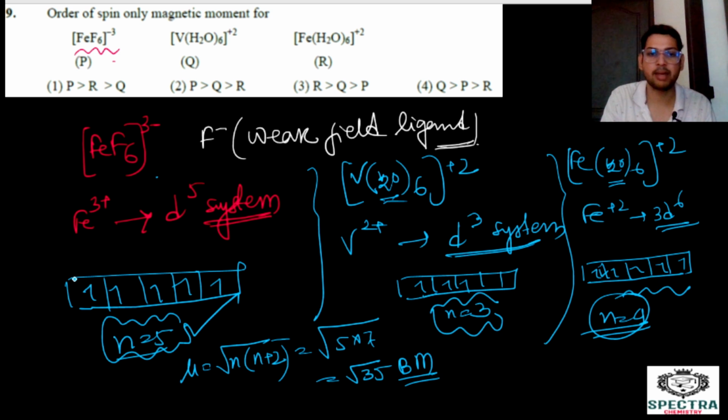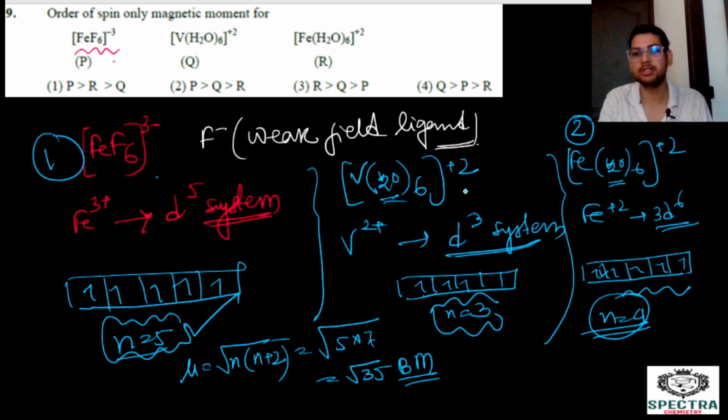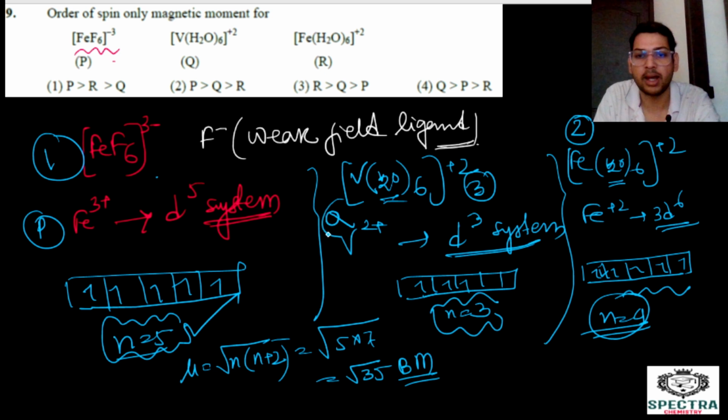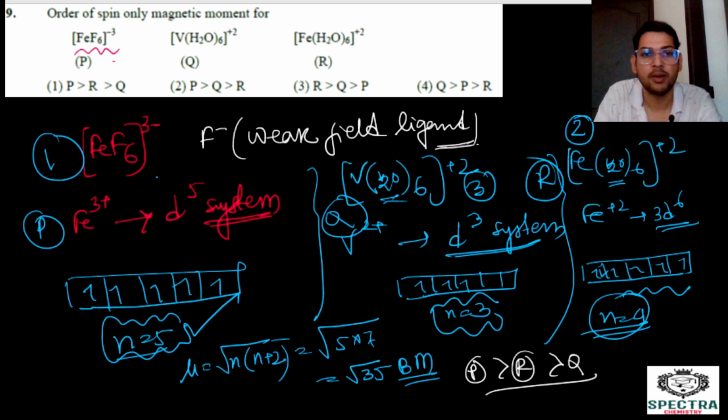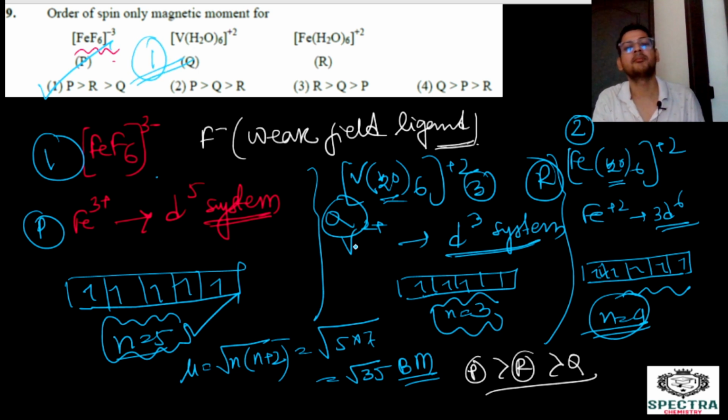So sir, maximum I am getting in the first, followed by the second, and the third. So if this is P, this is Q, and this is R, I can say that P will be the highest, followed by R greater than Q, PRQ. Sir, option 1 is matching very beautifully, and option number 1 will be my answer.